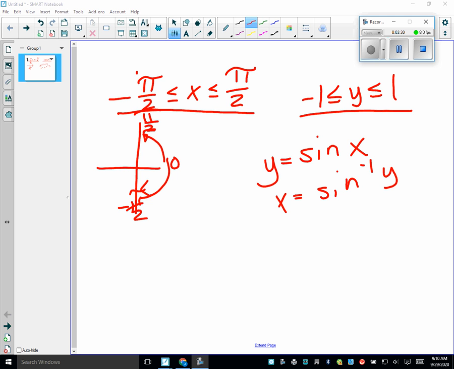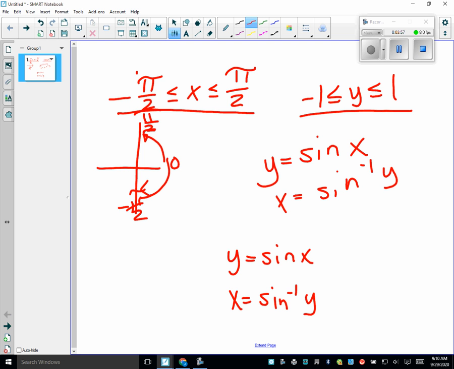All right. So we're going to go backwards. I'm going to give you y. Y equals sine of x is the same thing as x equals arc sine of y, or the inverse of sine.